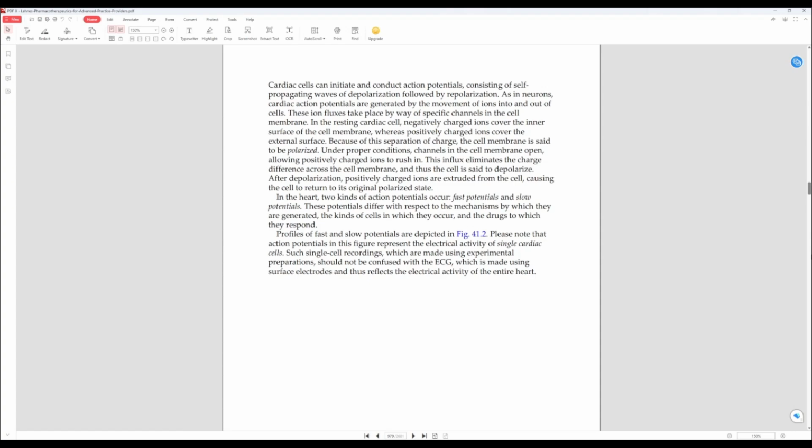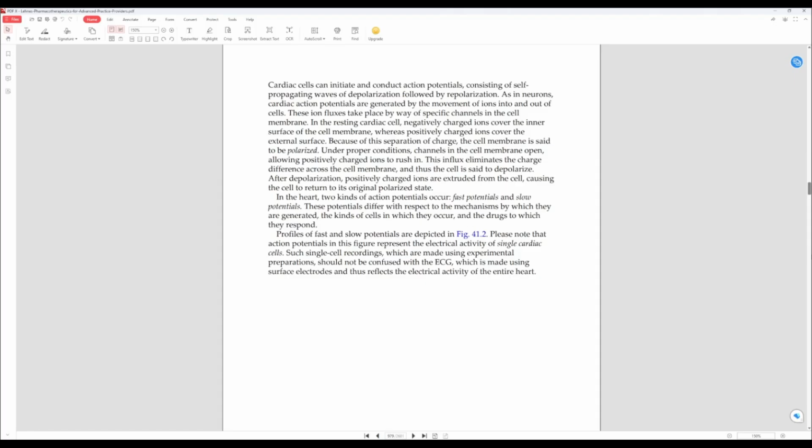In the heart, two kinds of action potentials occur: fast potentials and slow potentials. These potentials differ with respect to the mechanisms by which they are generated, the kinds of cells in which they occur, and the drugs to which they respond. Profiles of fast and slow potentials are depicted in Figure 41.2.